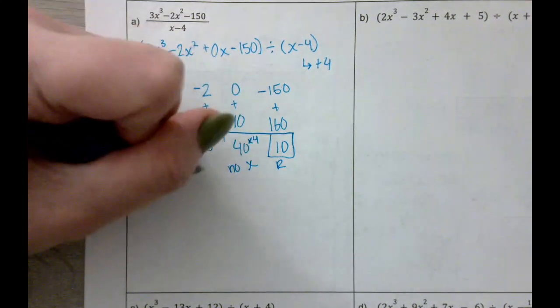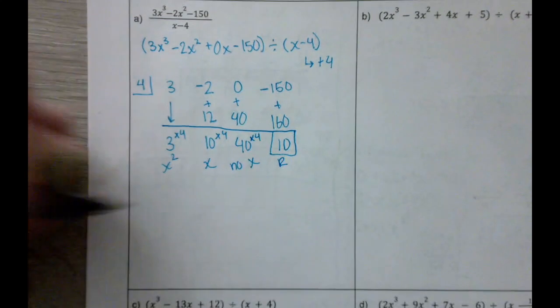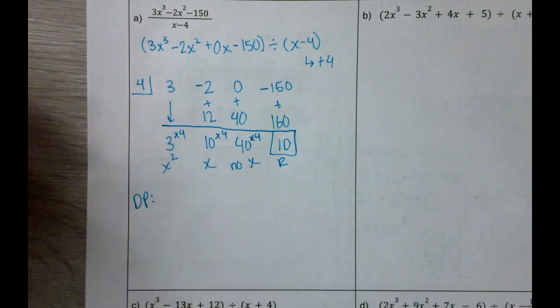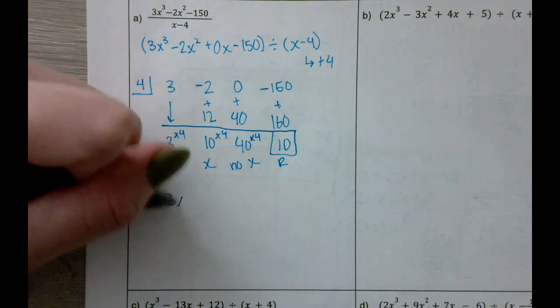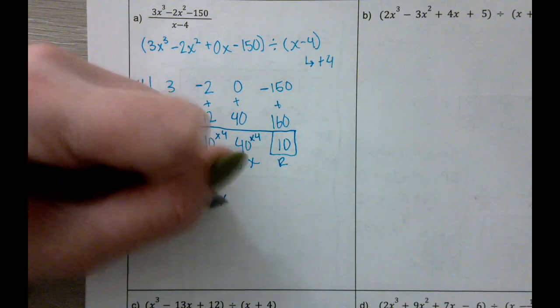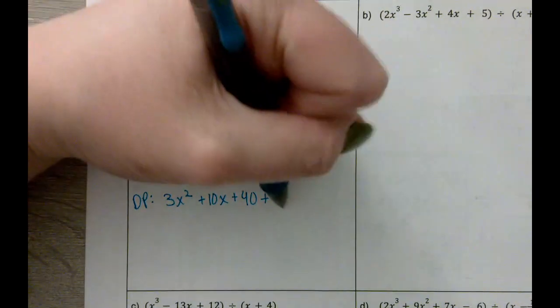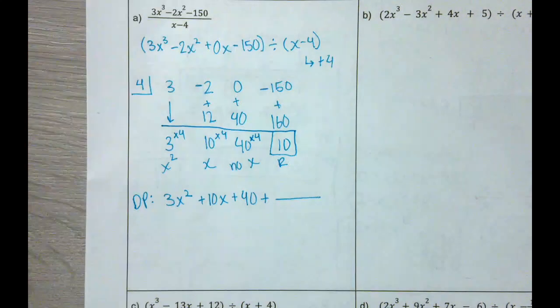No x, x squared. So then our DP is 3x squared plus 10x plus 40 plus, when you have a remainder that is not 0, you do have to include it.